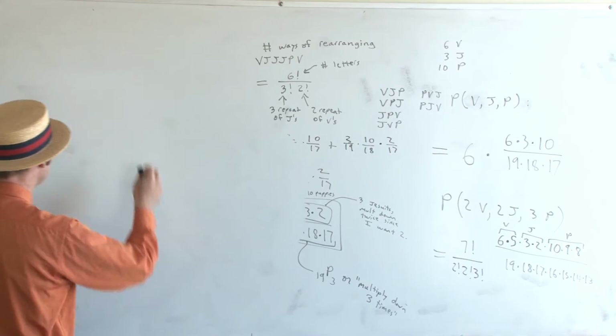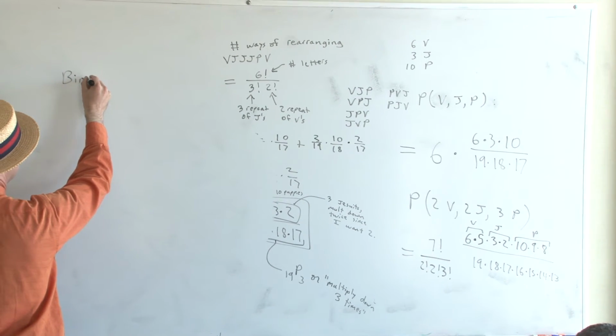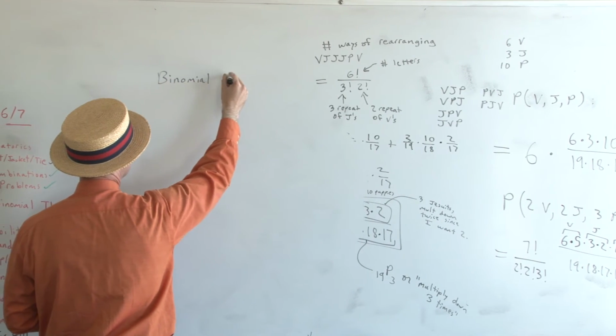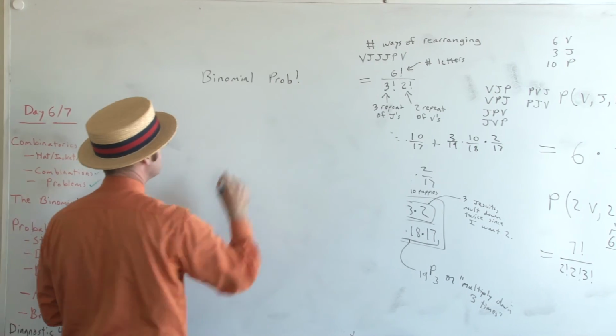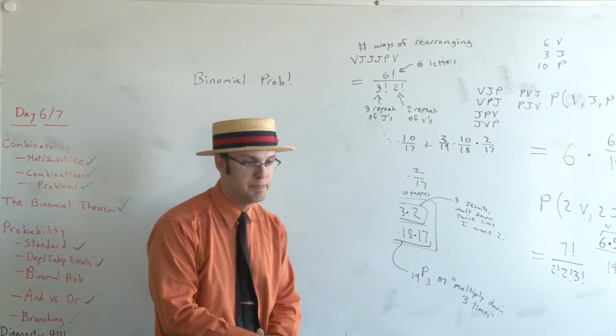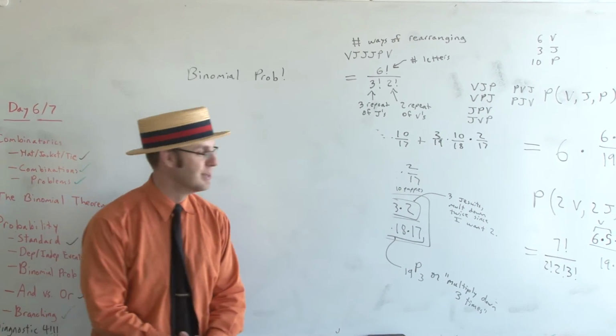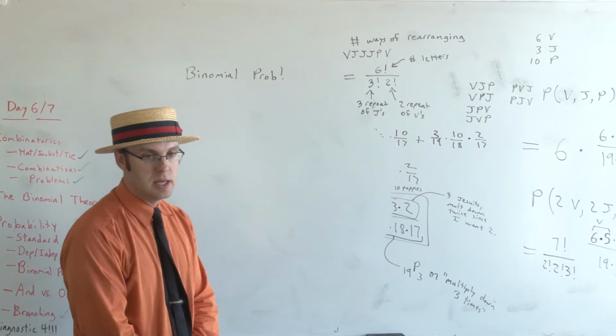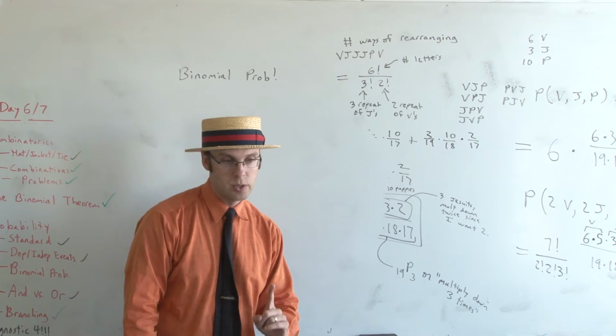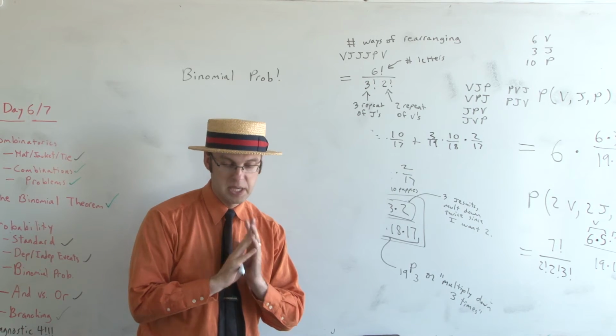Okay, so the last thing to cover is binomial probability. And luckily it's super simple. It is, but it only pertains to one sort of case.